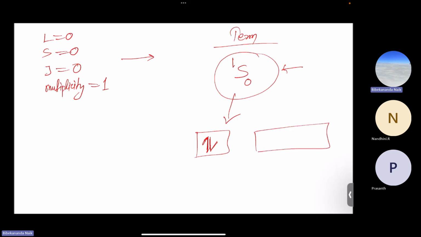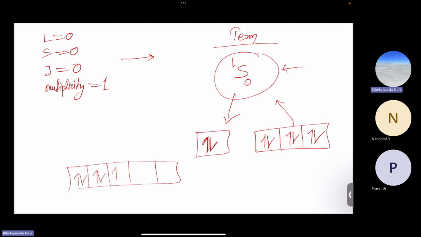For P, if it is again completely filled, it will give 1S0. And for D, so this is D10, S2, P6. So these types of electronic configurations which are completely filled give rise to this term 1S0.